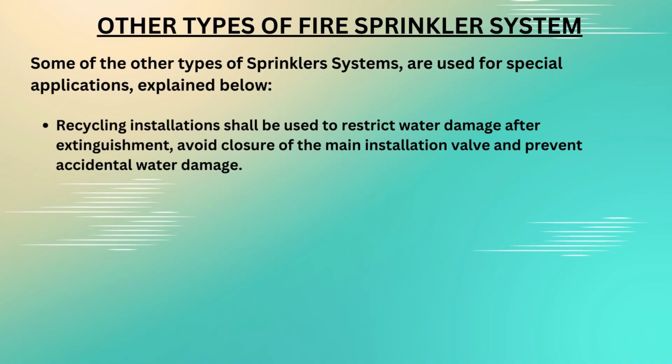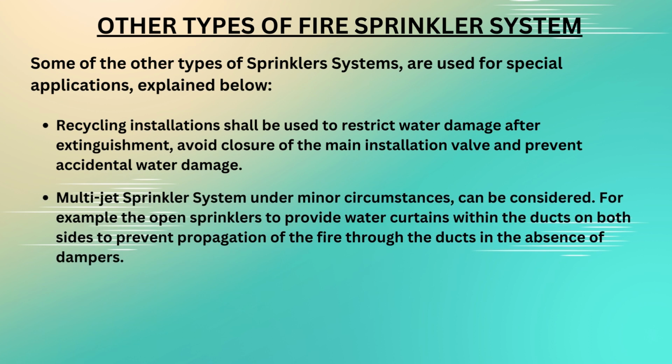Some of the other types of sprinkler systems are used for special applications. They are explained below. One of them is recycling installations, which shall be used to restrict the water damage after extinguishment, avoid closure of the main installation valve, and prevent accidental water damage. A multi-jet sprinkler system under minor circumstances can be considered.